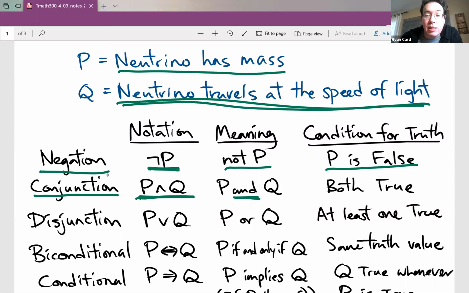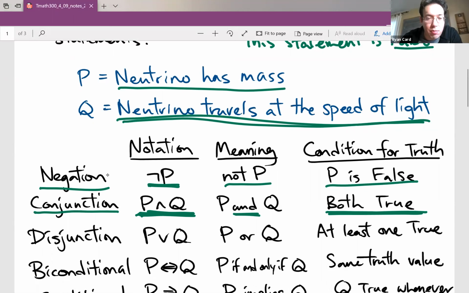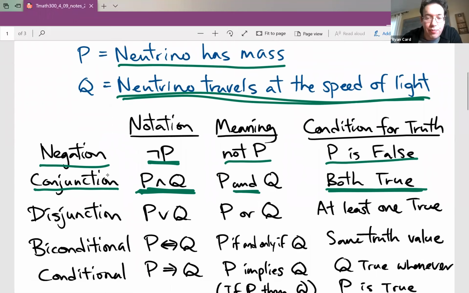This statement is true if both P and Q, both parts of what makes up this conjunction, are true. So if you say a statement like neutrino has mass and neutrino travels at the speed of light, then P and Q is true if both P and Q were true, and it becomes false if at least one of those two statements is false. So that's conjunction.